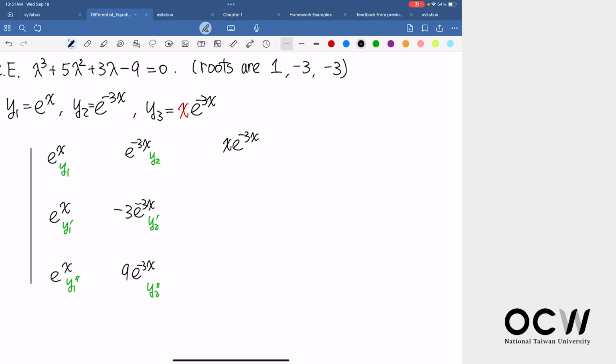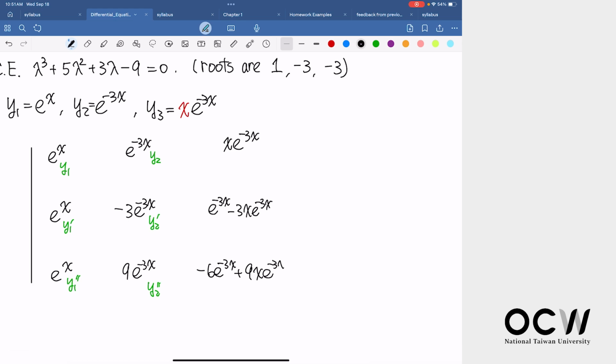When you take the derivative, e to the minus 3x minus 3x times e to the minus 3x. Take the derivative again. Here is your final answer. Okay, this is y3 prime, and y3 double prime.